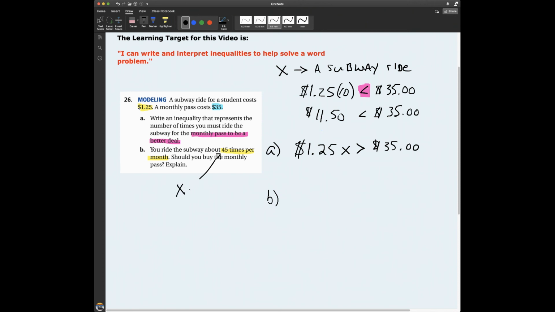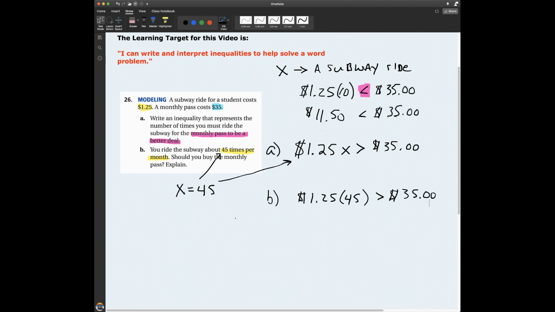We're saying we want x to equal 45. And we want to know, is this inequality still going to be true or false? Will it still work? So let's go ahead and substitute 45 where I see x. And is that going to be greater than $35?